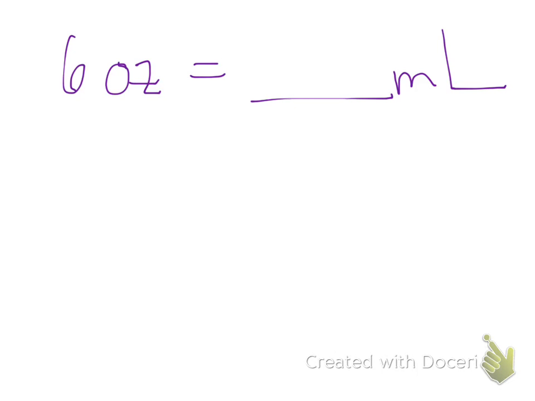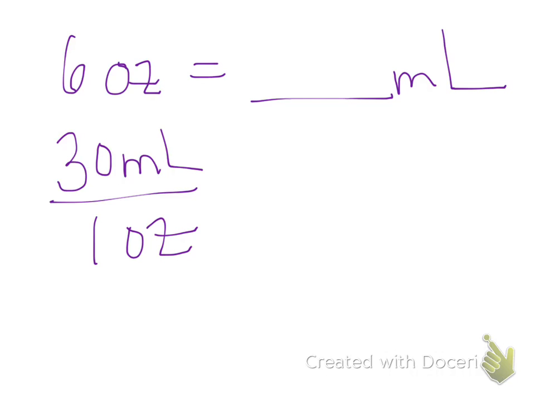And the last one is 6 ounces equals how many mLs? And it's fluid ounces, so how many mLs? All right, so how many mLs are in an ounce? There's 30 mLs in 1 ounce.